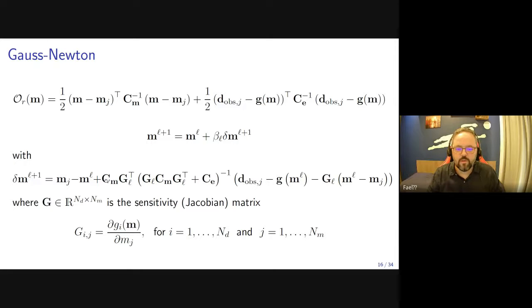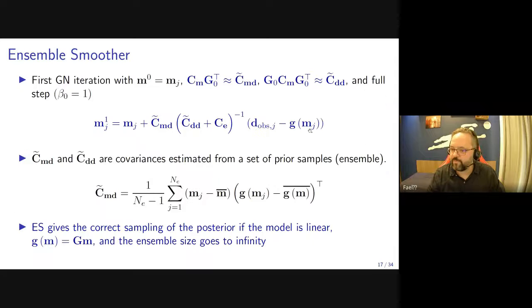This vanishes, and there is the rest. I'm going to put this inside here and write what is left. And in what is left, I made another approximation, which is I'm going to call the product C_M G transpose by C_MD, and G C_M G transpose by C_DD. Those are two cross covariance matrices.